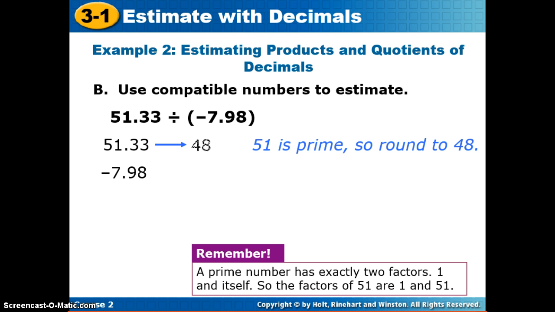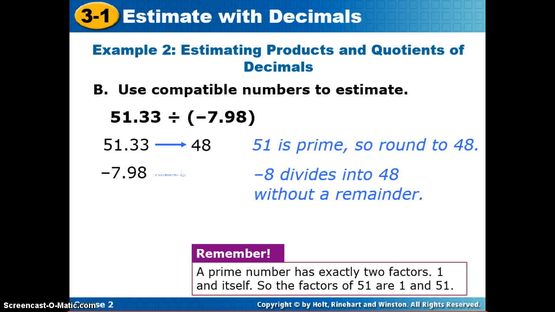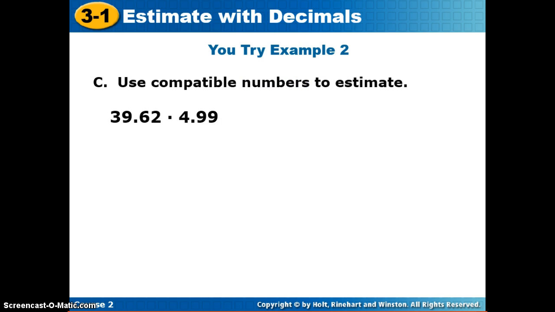So we can round down a little bit to 48. 48 divided by negative 8 would give us a negative 6. Would it be okay if I rounded 51 up to 56? Does negative 8 go into 56? That would be okay as well. I would accept 56 divided by negative 8, which would give us a negative 7. Negative 6 and negative 7 are very close to each other. Those would be good estimates.